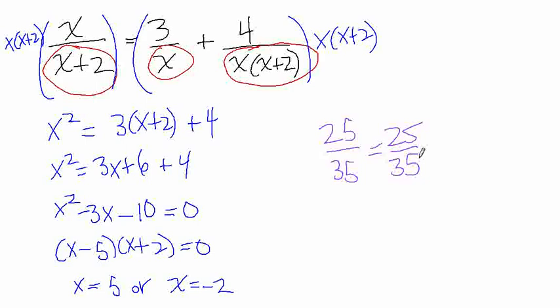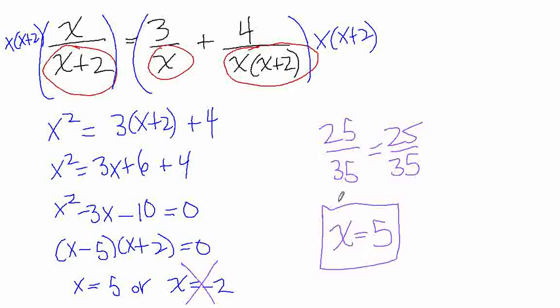Yes, on the left side you'll get 5 over 7, but that's equivalent to 25 over 35. All right, so 5 is indeed an answer. Now if you plug in minus 2, can you see that you're going to have problems because the last denominator, you're going to be divided by 0, which is not allowed? Okay, so we're going to throw that out. So the only solution, therefore, is x equal to 5.